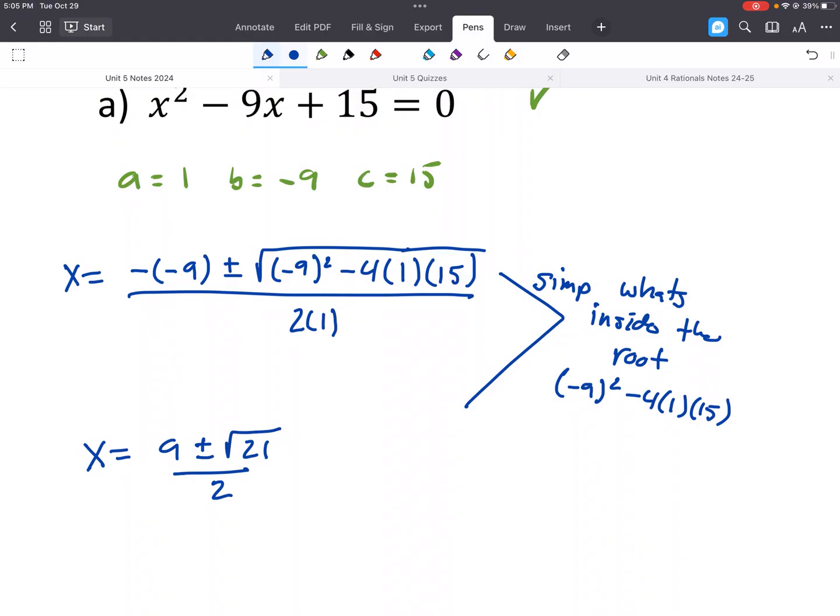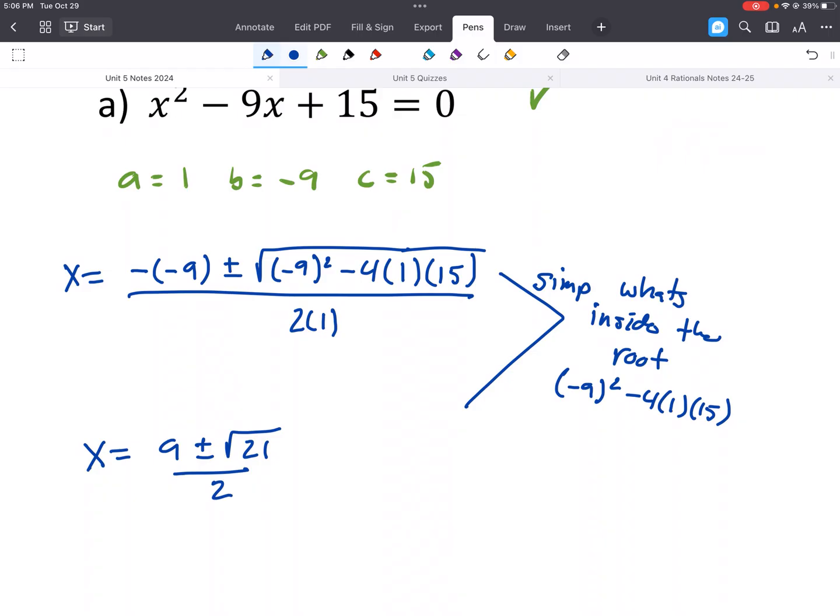All right, so the next 2 steps were to simplify the root. So today, again, sometimes we'll be able to get a nice square root, sometimes not. This is not a nice square root. Square root of 21 isn't an integer, kind of like when we did the square root of 9, that's just 3. That doesn't work out today.